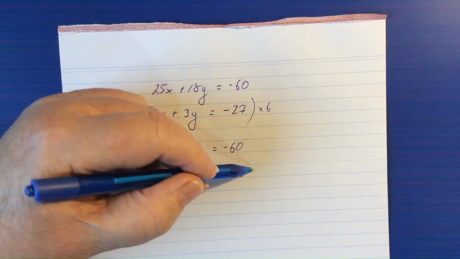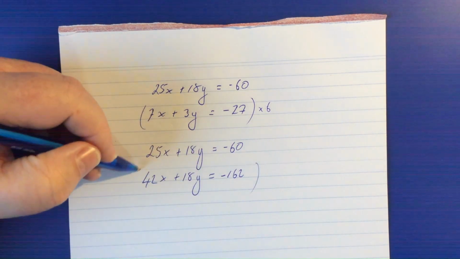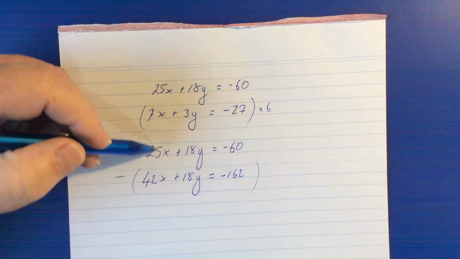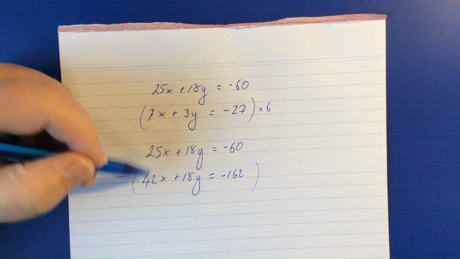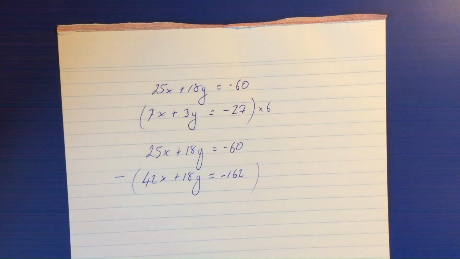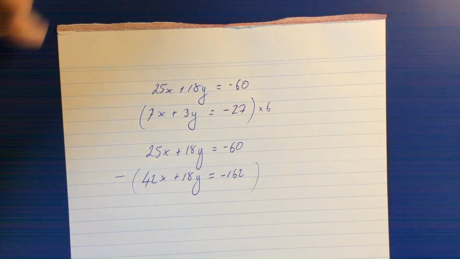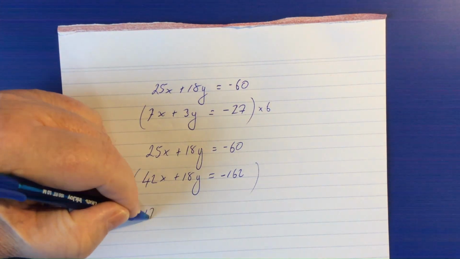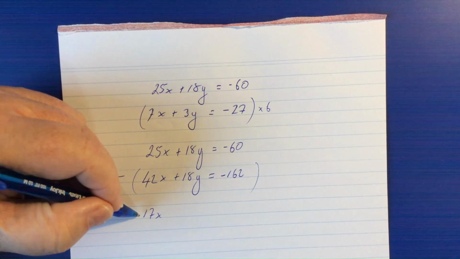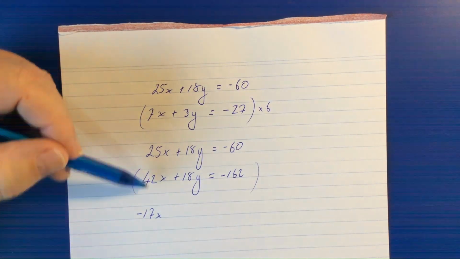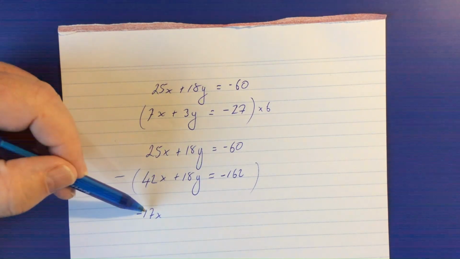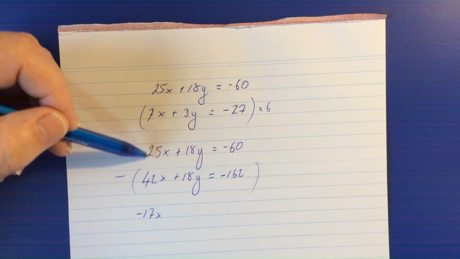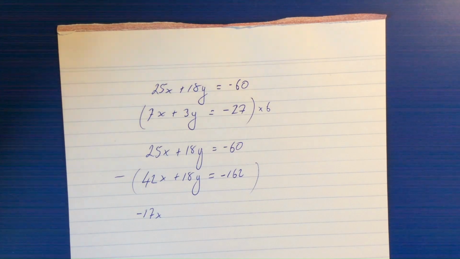Now, what I'm going to do is subtract the bottom from the top. So 25x minus 42x, 25 minus 42 is negative 17, and that's negative. So 7 and 5 is 12, carry 1, 1 and 2 is 3, and add 1, we get that.